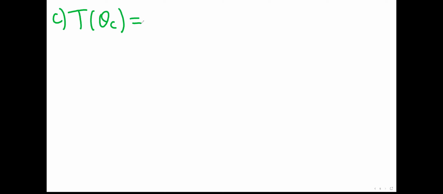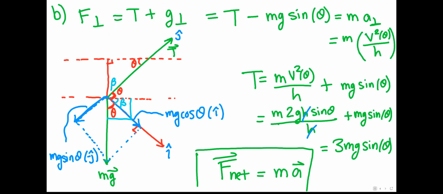Do you know what his normal weight is? Weight is equal to just mg. So twice the normal weight is 2 times mg. And then we have another formula for the tension at the critical angle. We already calculated just now that tension is equal to 3 mg sine theta.